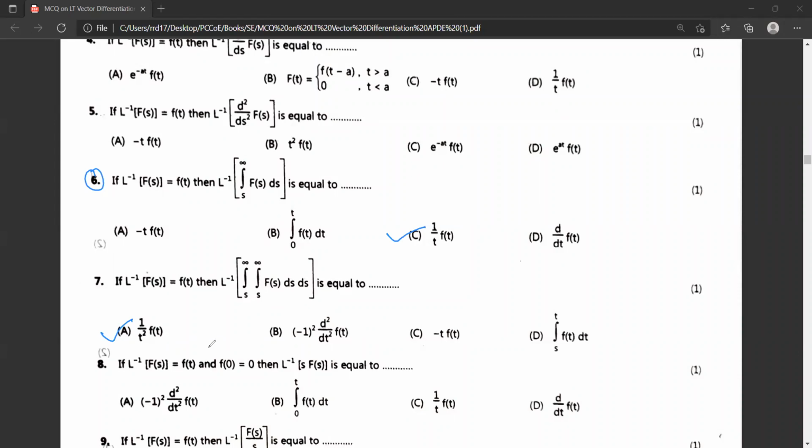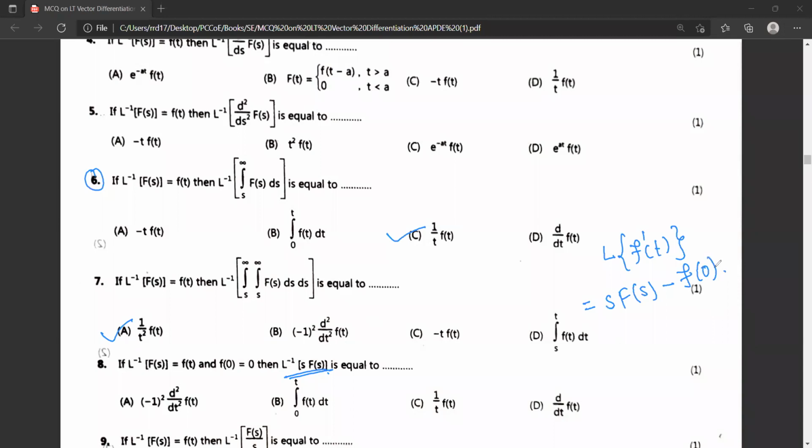Yes, sir. Okay. Now, how is this property derived? See, if you remember, we have seen the Laplace transform of f dash of t equals s f of s minus small f of 0.